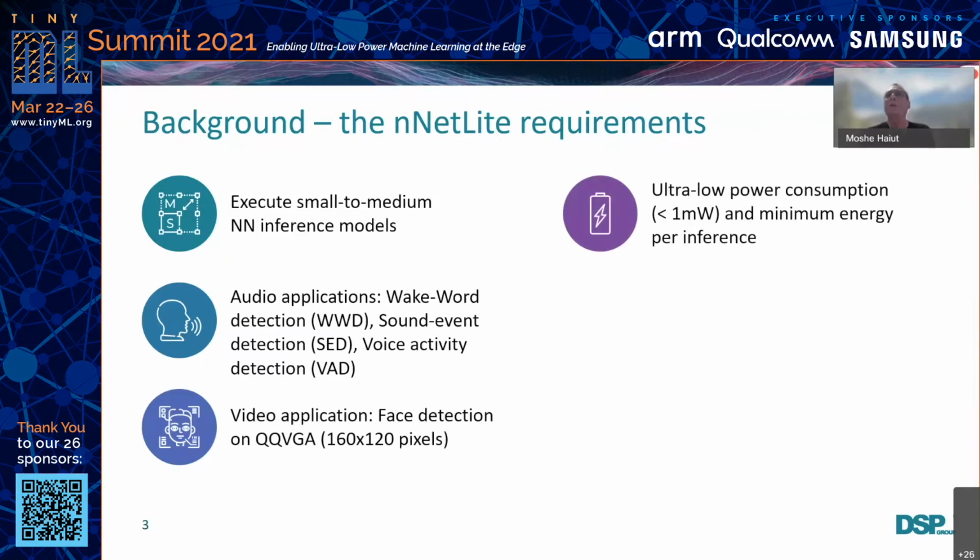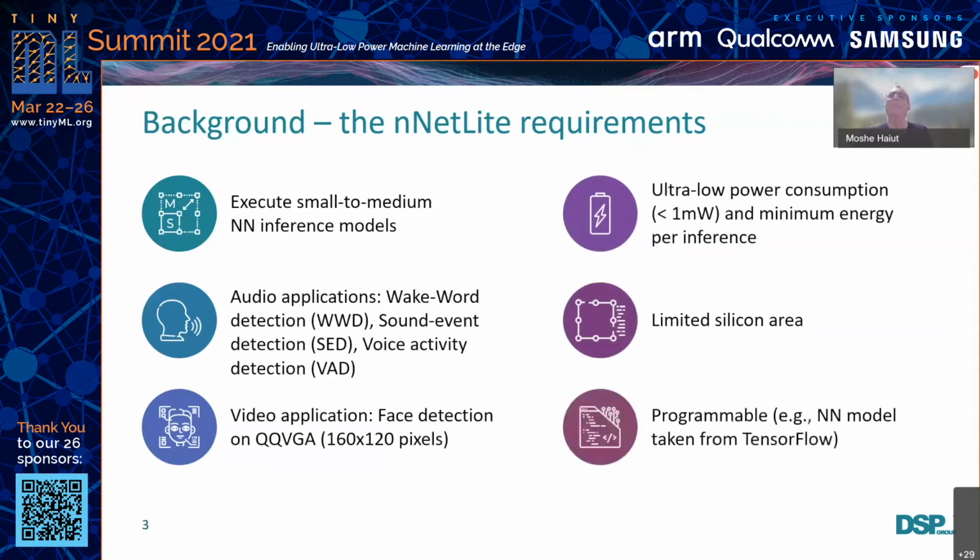It should be low power, ultra low power. So it goes from 1 milliwatt down to tens of microwatts for the smallest target neural network model. Limited silicon area and programmable, so that it is not dedicated to a specific model that we design.